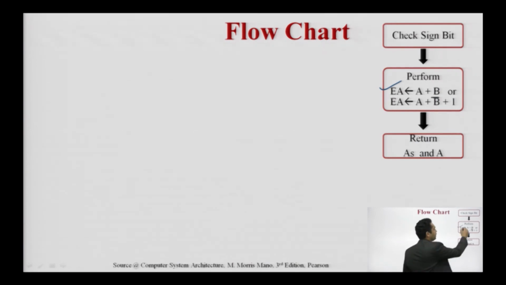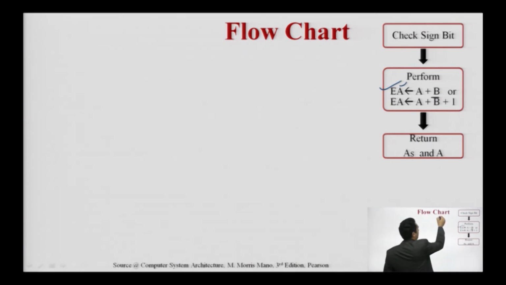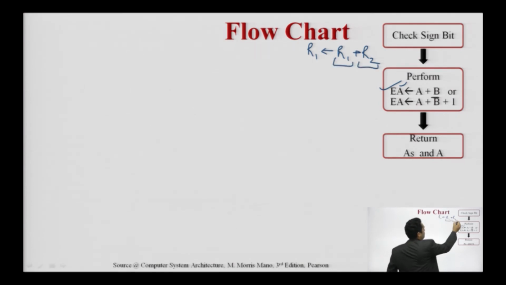A represents the input. What I am doing here is performing the same function like R1. It is mentioned here that this is input 1, but at this point it is treated as an output. So instead of taking a new space, R3 or a new register, I am using the existing register.